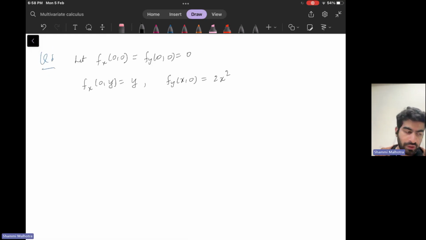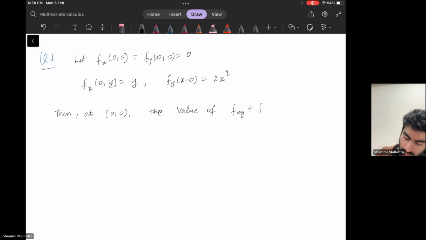So if these values are given to us, what we would like to do, then at 0, 0, the value of fxy plus fyx equal to what? So we would like to find the value of this.